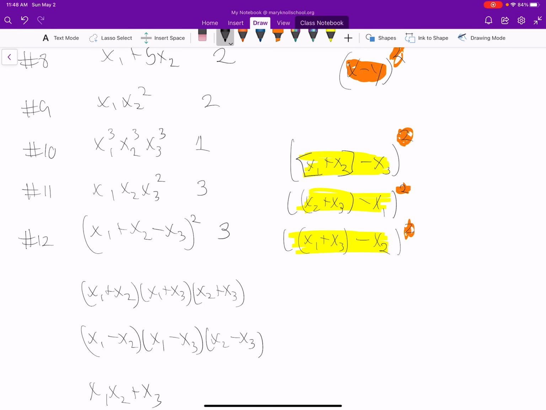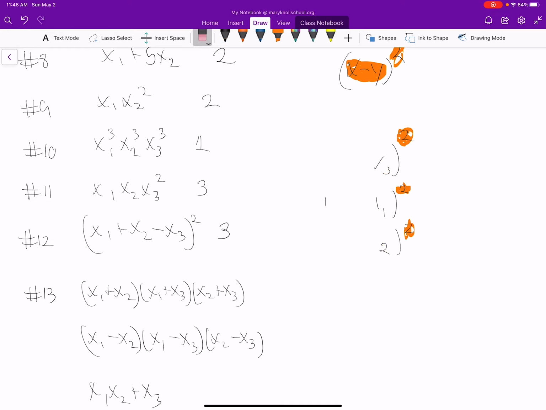Okay, number 13. In this case, we only have one distinct variant. Yeah, one.